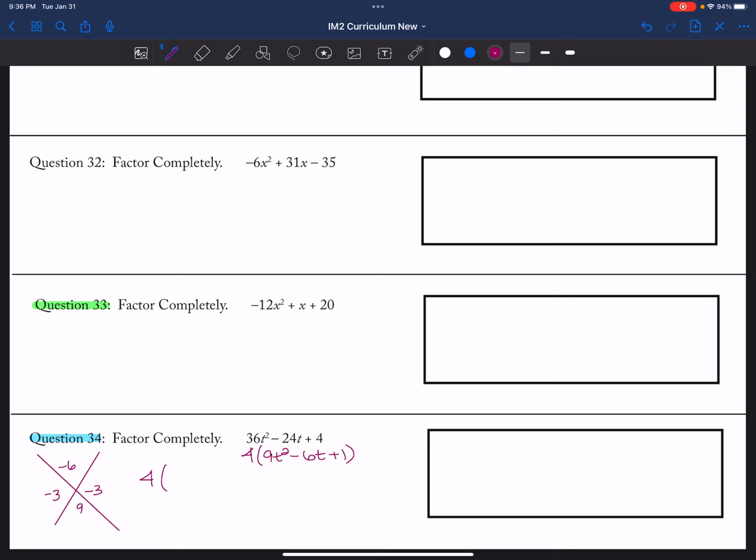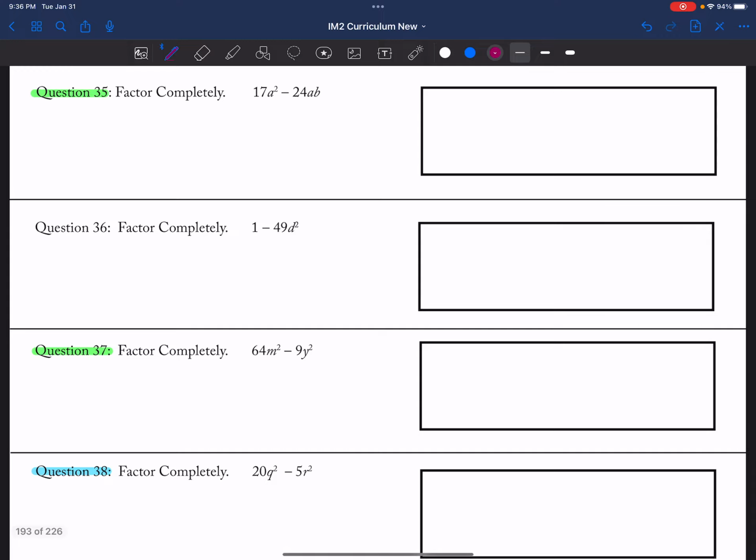And then I have a t minus 3 over 9, and then a t minus 3 over 9. So that's 4 times t minus 1/3, t minus 1/3. So that's 4, 3t minus 1, 3t minus 1. So that's 4 and 3t minus 1, the quantity squared, because they are both the same value.